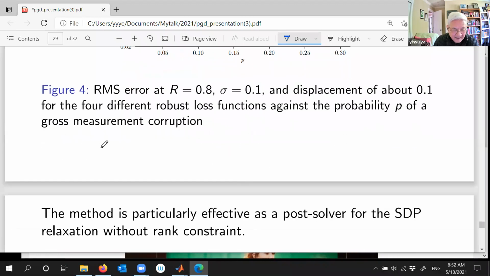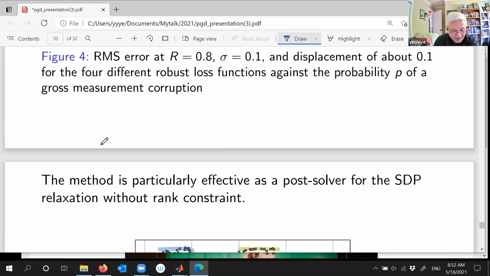But what I want to show next is that this method is particularly effective as a post-solver for pure SDP relaxation without rank constraints. So typically we run SDP relaxation.